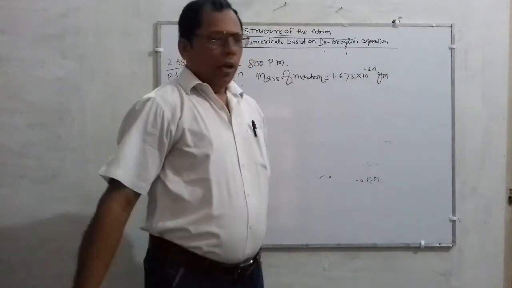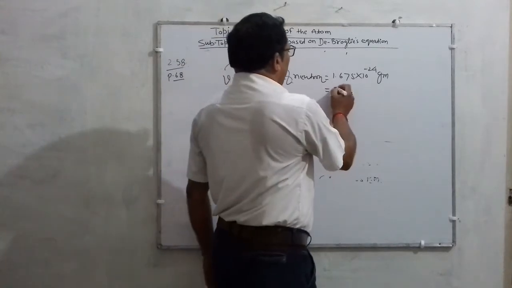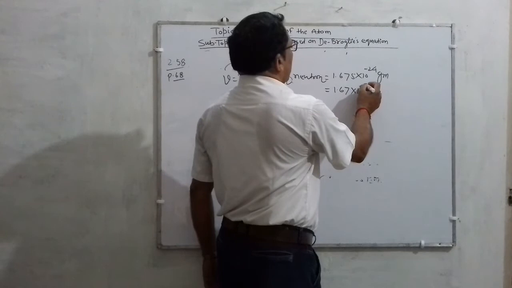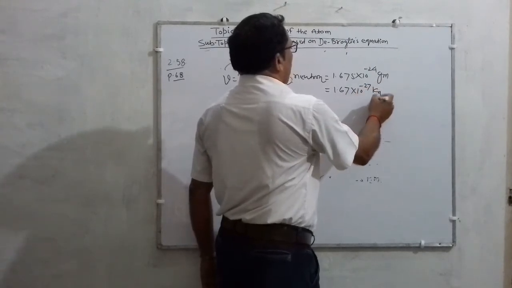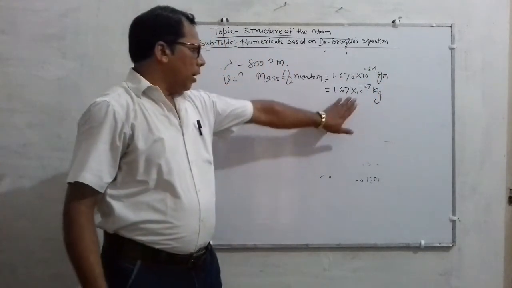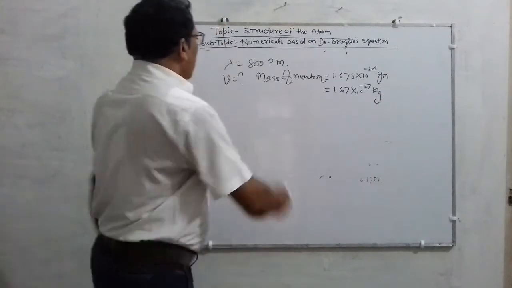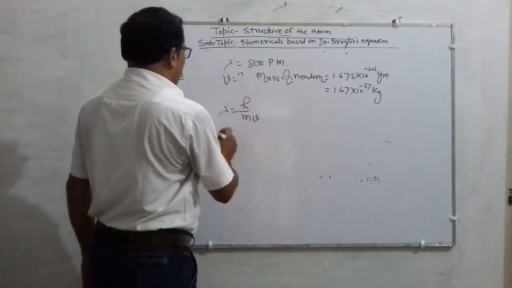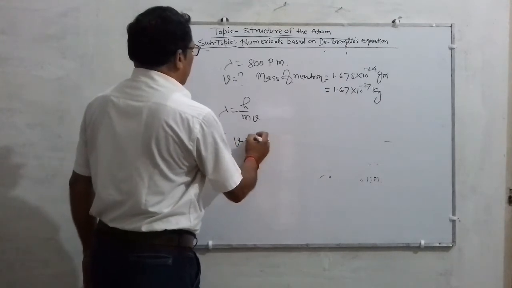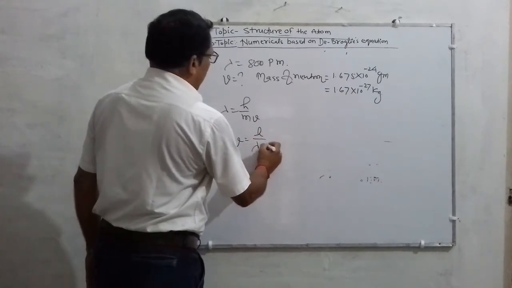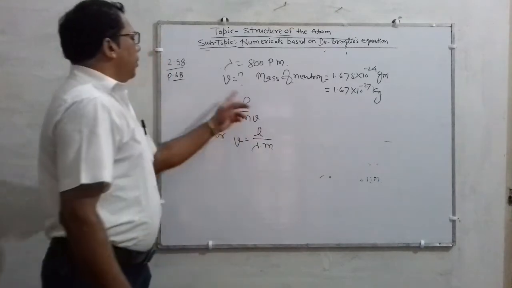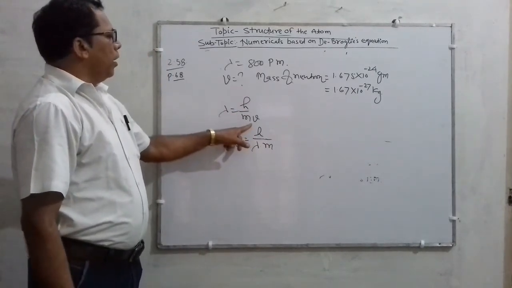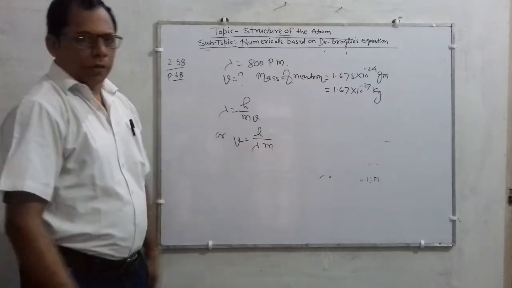So just multiply by 10 to the power minus 3. So it will become perhaps 10 to the power minus 27 kilogram. Is it right? Now use the formula lambda is h by m into v, or v is equal to h upon lambda into m. Lambda is h by mv, so v will be h upon lambda into m.